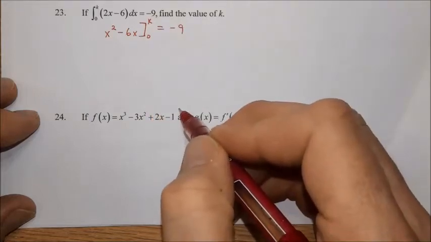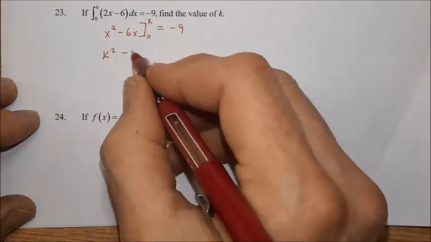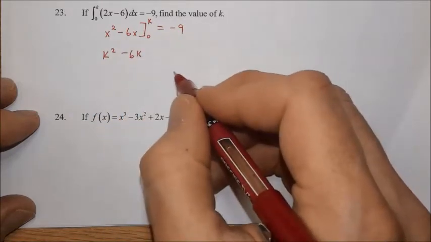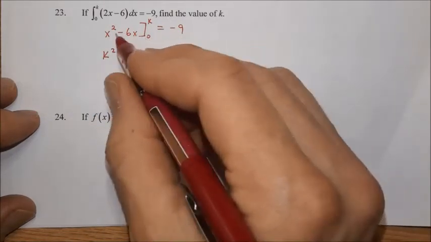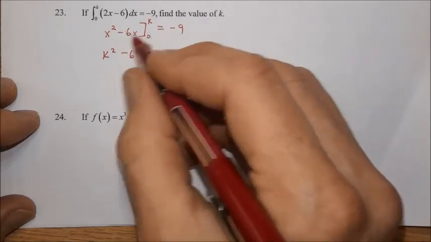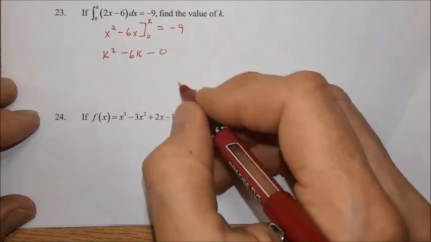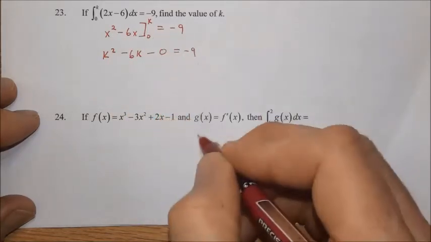What do we plug in first? The k. So we have k squared minus 6 times k, and then we plug in 0. So that gives us minus, and we can see, as I told you, 0 is your new best friend. 0 squared minus 6 times 0 is 0. That's equal to negative 9.